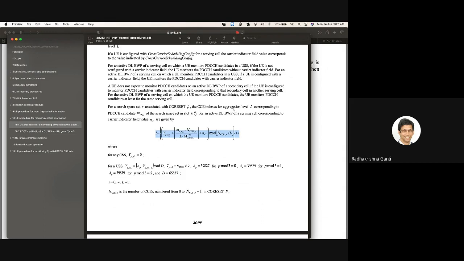This formula depends on a lot of parameters, including the RNTIs. For group-specific search spaces, this will be a common RNTI, and for a UE-specific search space, a user-specific RNTI. So how you place the search spaces is a complicated formula, a combination of the index of the search space, the index of the UE, the core set number P, and all those things. The base station also puts your data only in these particular search spaces for that particular UE, for a UE-specific search space.